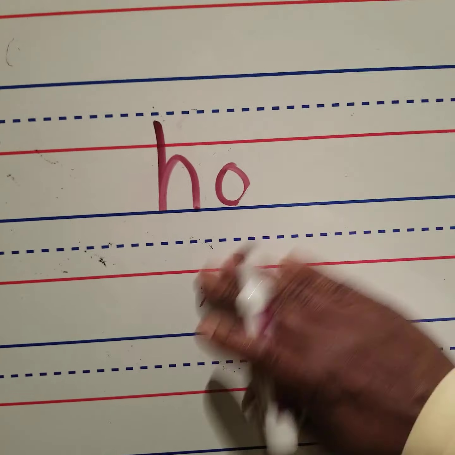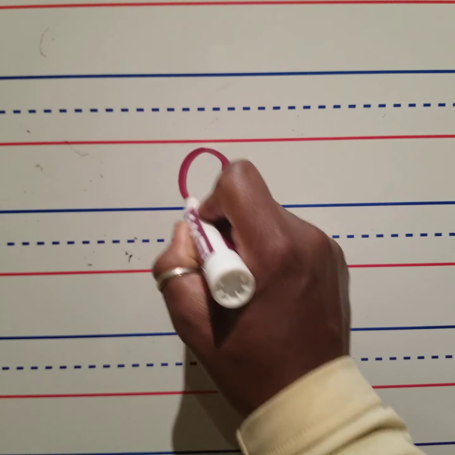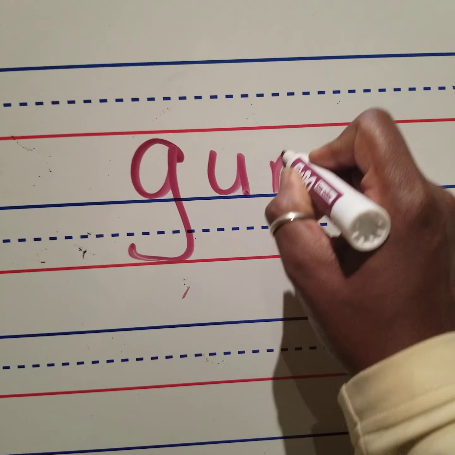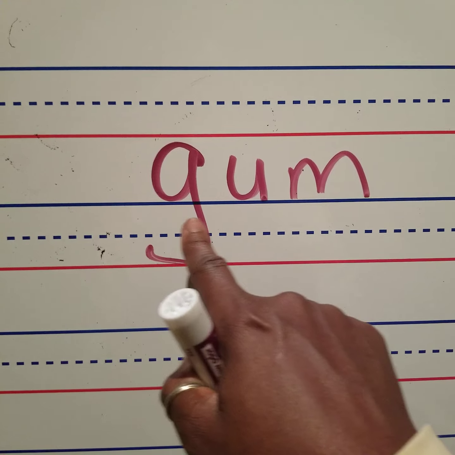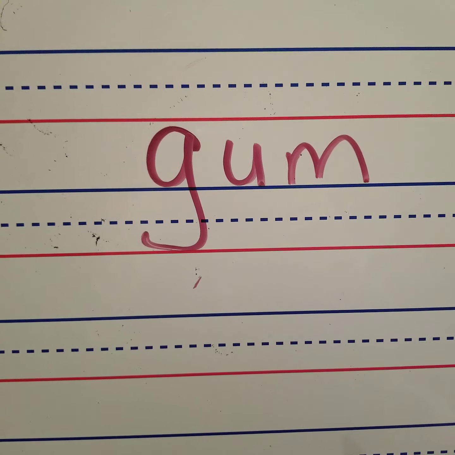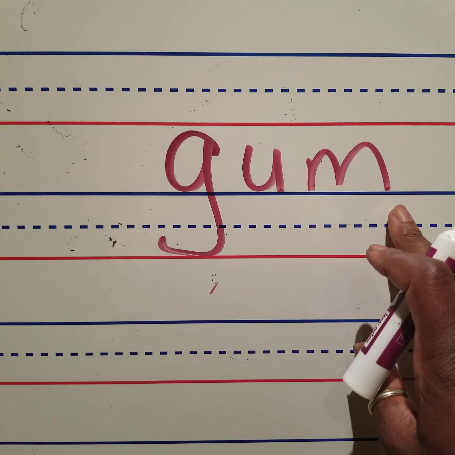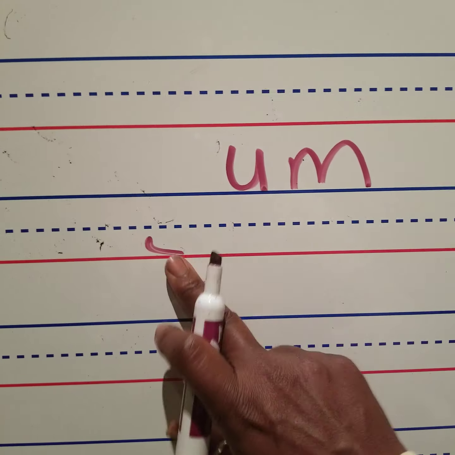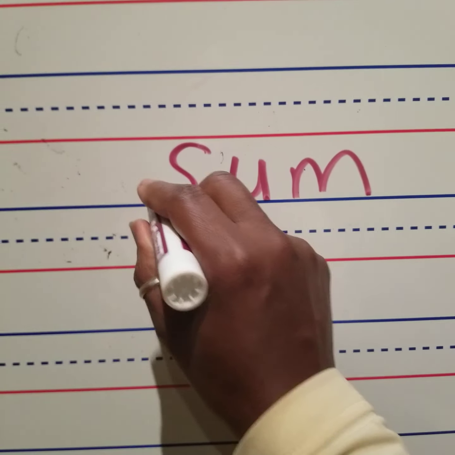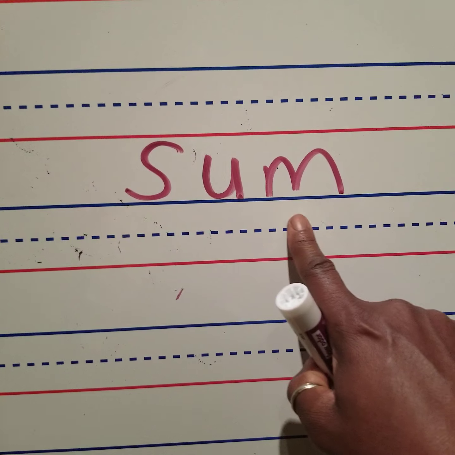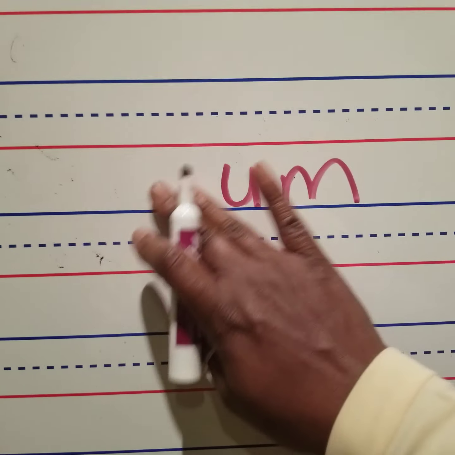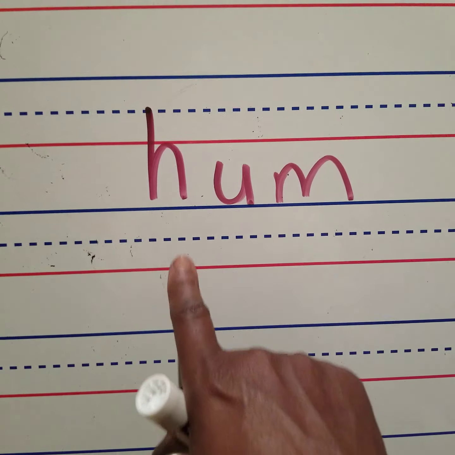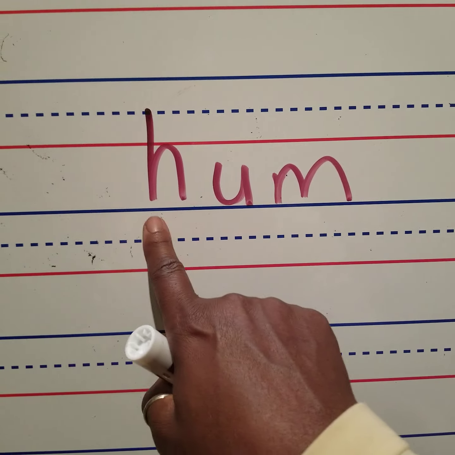All right, good job. Next word. I'm going to start with gum. Gum. If we change the G to an S, we have some. And if we change the S to H, we have hum.